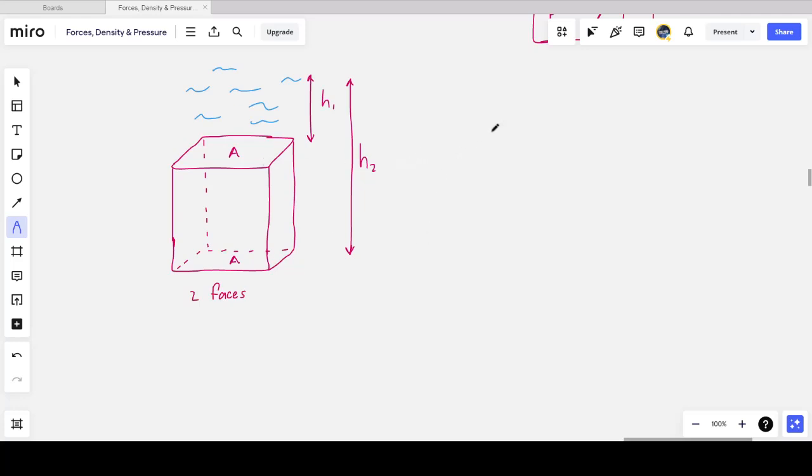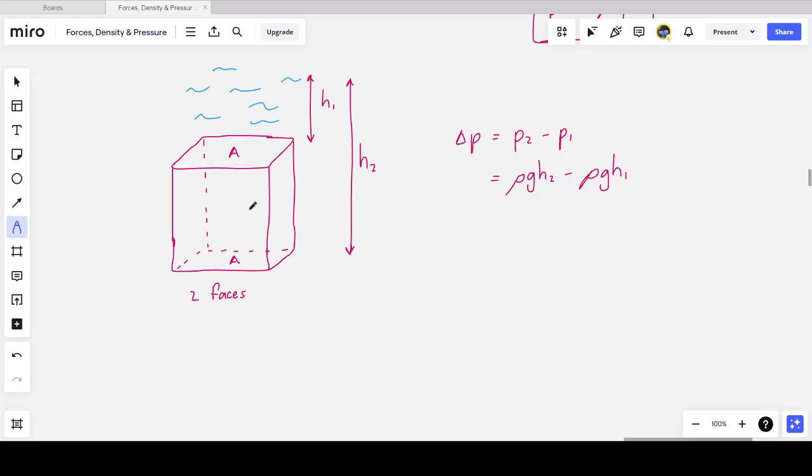But since they are at different depths, there'll be a difference in pressure, delta P, that arises between the bottom face and the top face. And delta P is P2 minus P1. And I can use the equation above, rho g h, to write this as rho g h2 minus rho g h1.